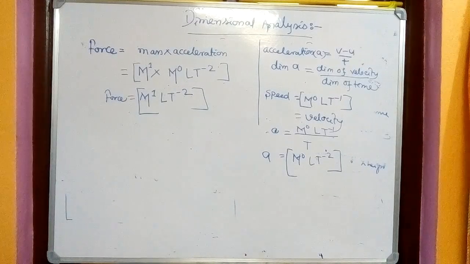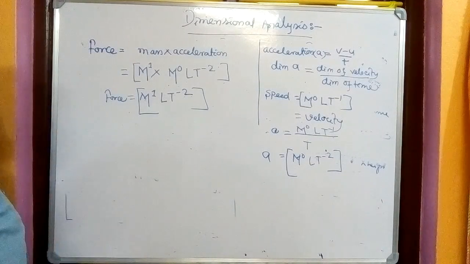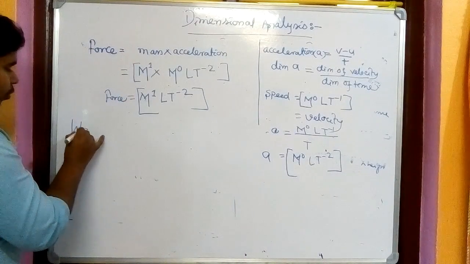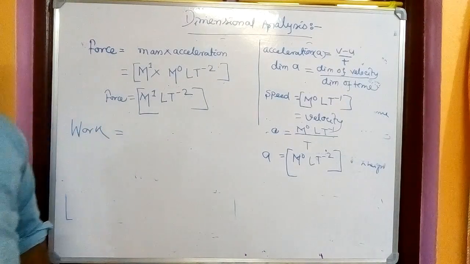Now we'll come to the dimension of work done, which is very much used and which you have learned earlier. That's why we have to do it. By which equation can we find the work?